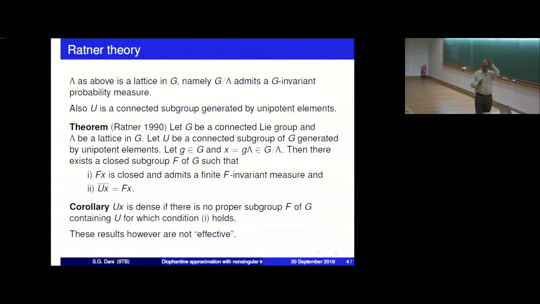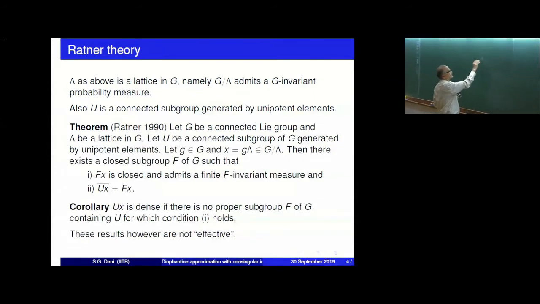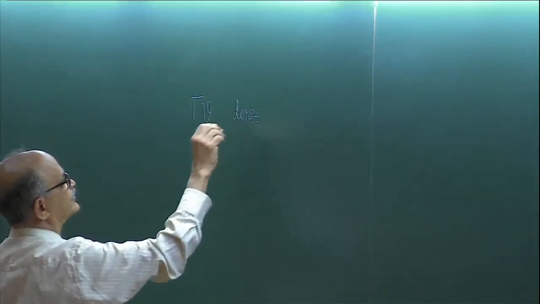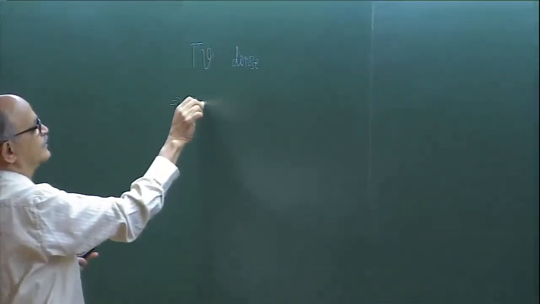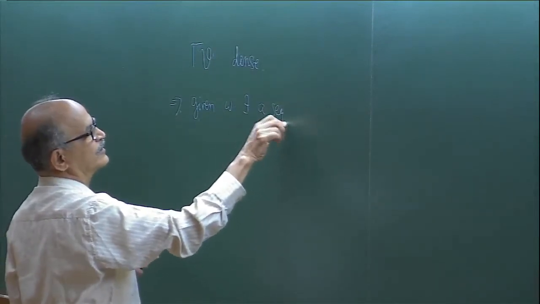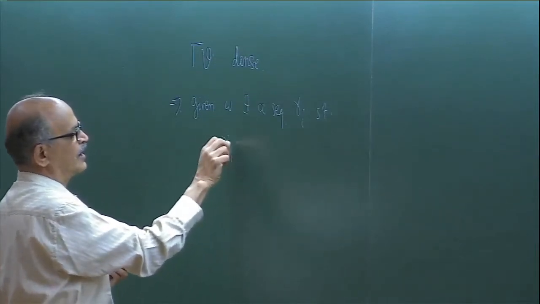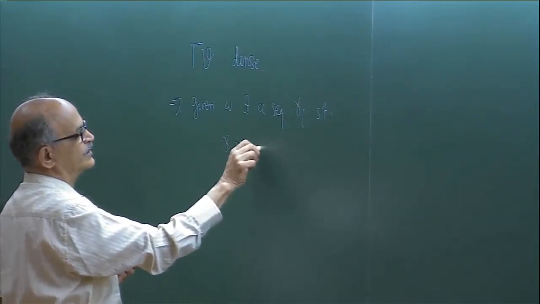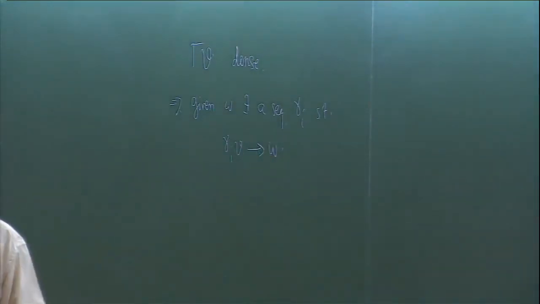It means that if you have a dense orbit, let's say gamma V dense, then given W, there exists a sequence gamma i such that gamma i V tends to W. This tells you the existence of such a sequence.